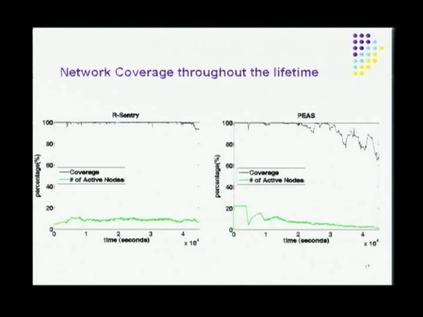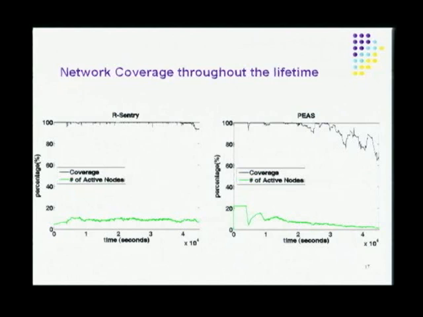Because we share our goal with PEAS, and PEAS is kind of the classic work in this area, we compare our algorithm's performance to PEAS. On the graph on the left, the x-axis is the time series, the green curve represents the number of active nodes over time, and the black curve represents the change of coverage over time.